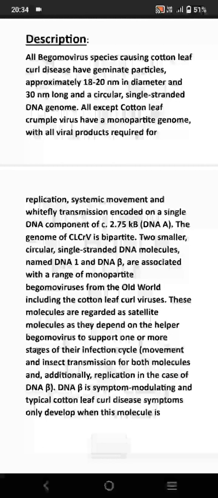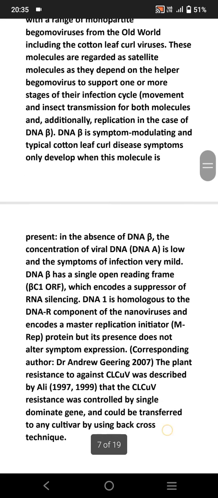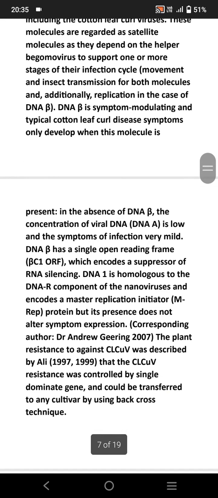DNA beta is symptom modulating and typical cotton leaf curl disease symptoms only develop when this molecule is present. In the absence of DNA beta, the concentration of viral DNA is low and the symptoms of infection very mild.